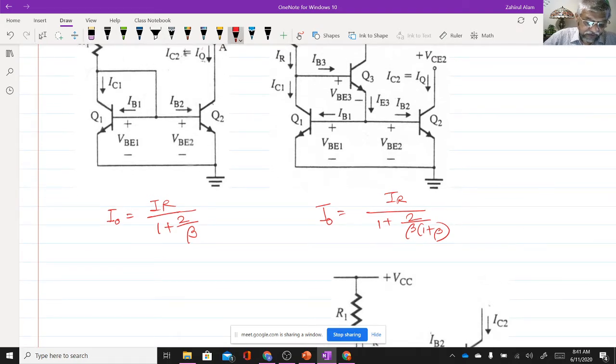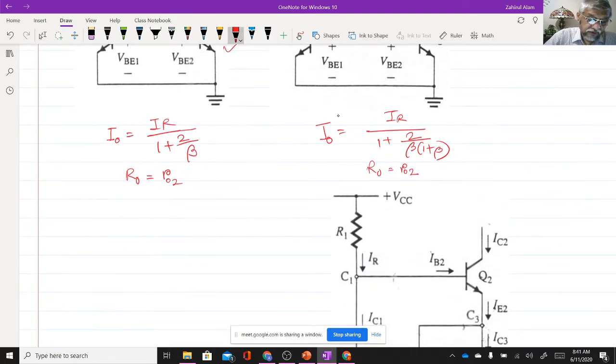For output resistance of both transistors, it is equal to R0, or if we consider output resistance of Q2, then also R naught equals R02. For this case we considered VA equal to infinity, where IC1 equals IC2. We assumed that, and based on this assumption we reached this conclusion.